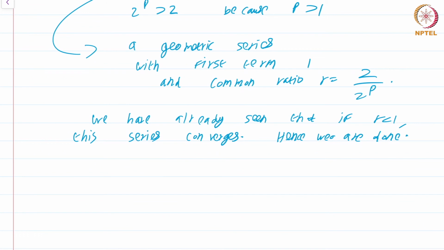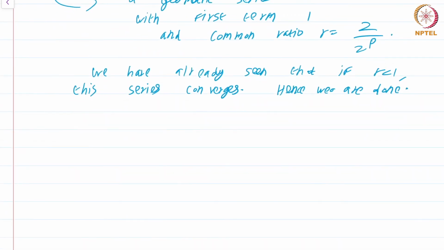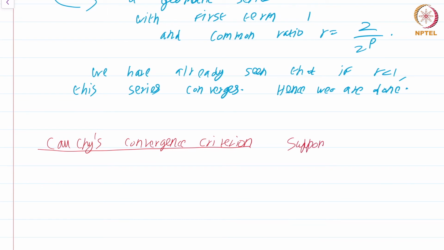Now coming to the second topic of this module, that's Cauchy's convergence criterion. This is a very easy thing simply because we have already applied this several times when studying sequences. So suppose Bn is a sequence.